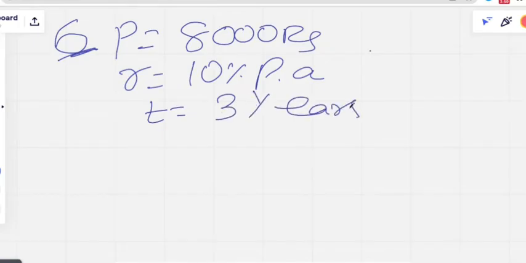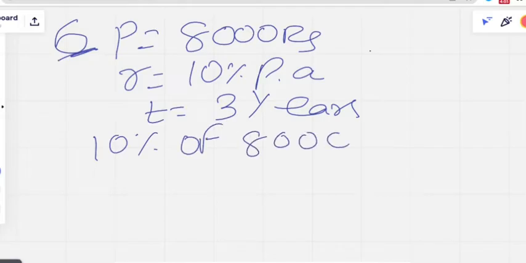First of all we need to calculate the interest per year. In simple interest, 10% of 8,000 is the first year's interest. 10% of 8,000 is 800; we simply remove one zero to get the 10% value.